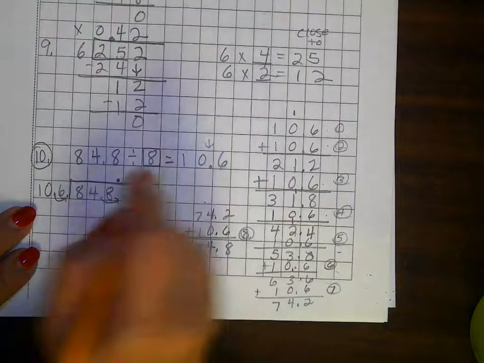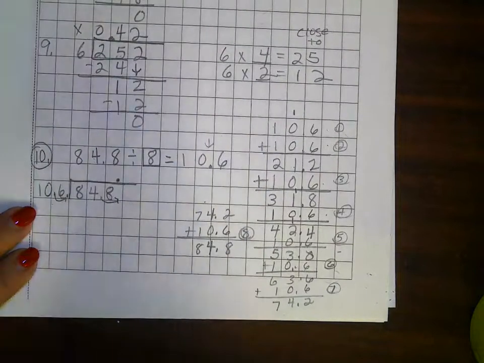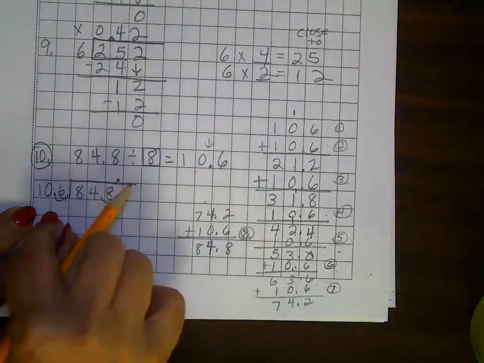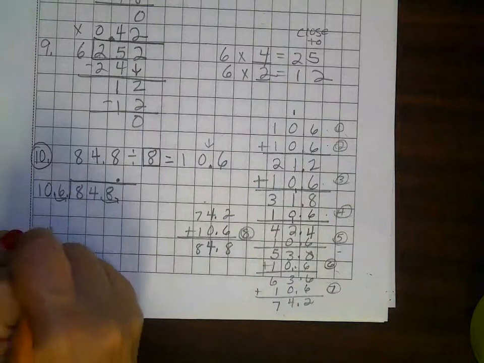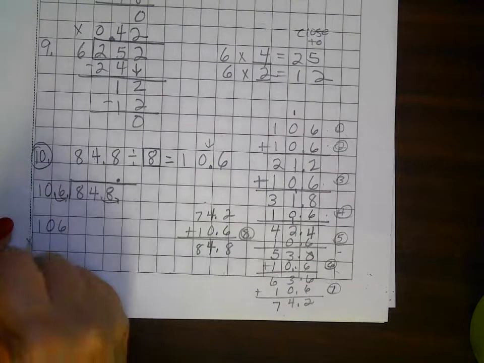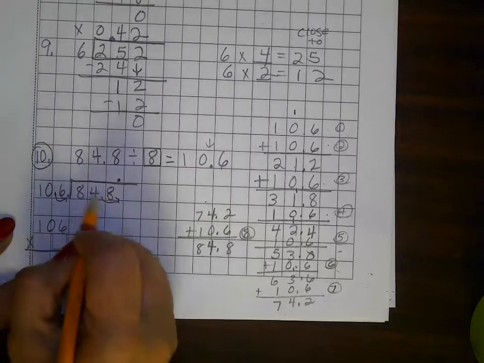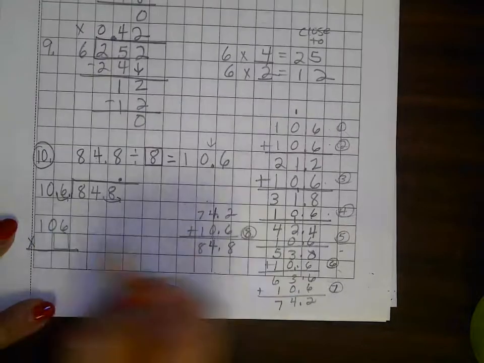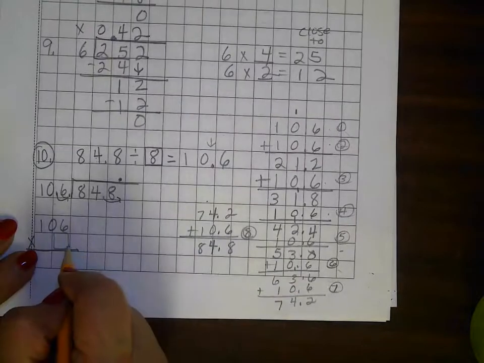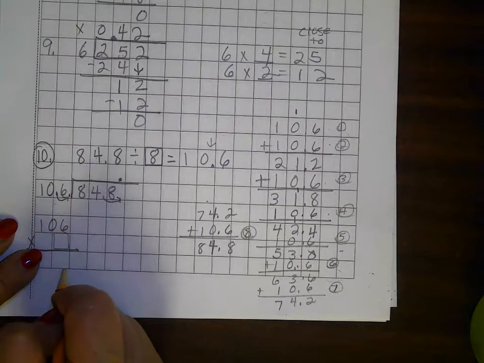So this is going to be, we're going to actually put that, I'm so sorry. So now I have 106, so 106 times what will get me 848. So with the kids, I was telling them, what can you multiply by 6 that would give you an 8 in the ones place?